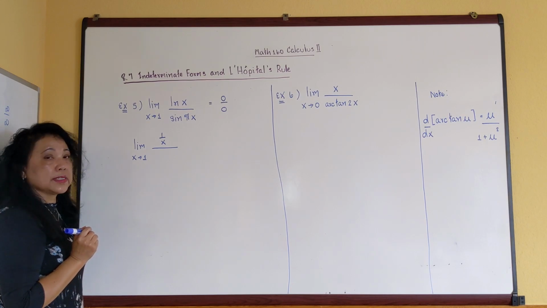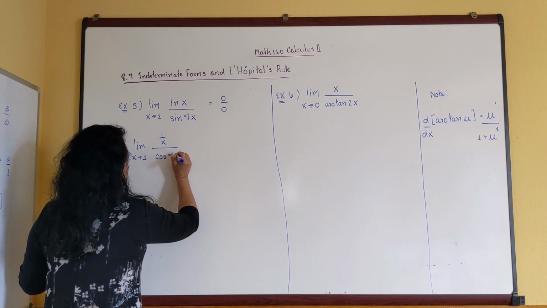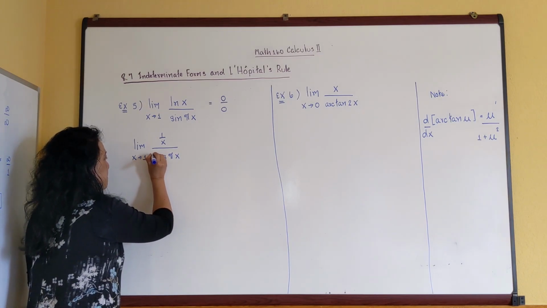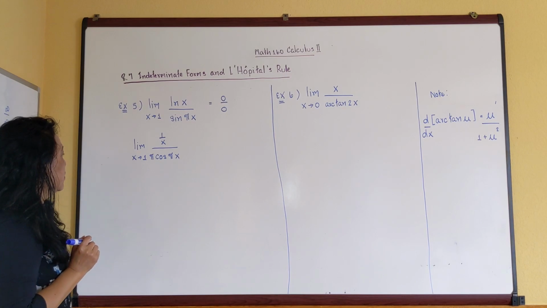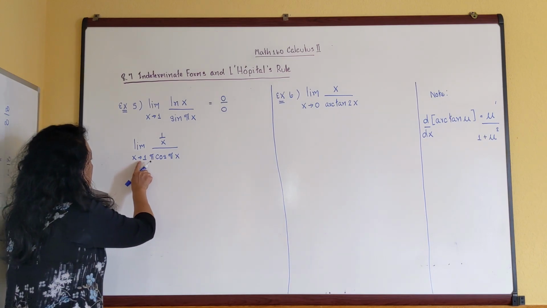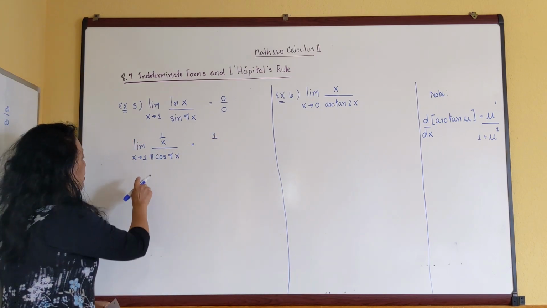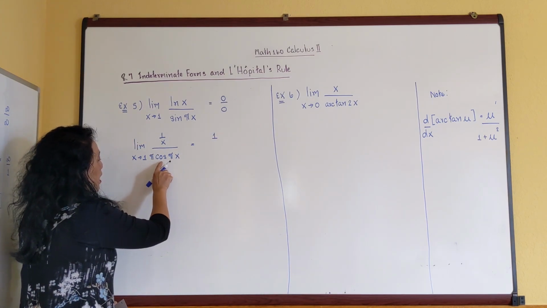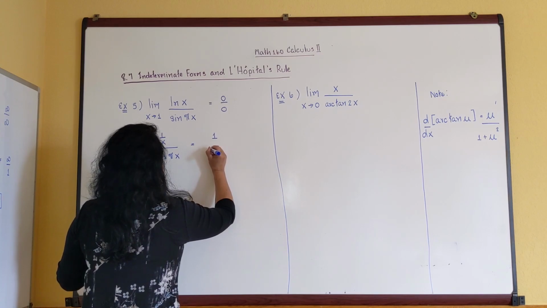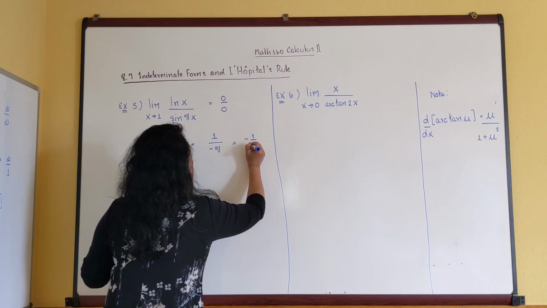The derivative of sine pi x is cosine pi x, but I have to take the derivative of pi x, which is pi. Now I can do direct substitution. As x approaches 1, I have 1 on the numerator. On the denominator, I have pi times cosine of pi. Cosine of pi is -1, so I have negative pi. So the answer is -1 over pi.